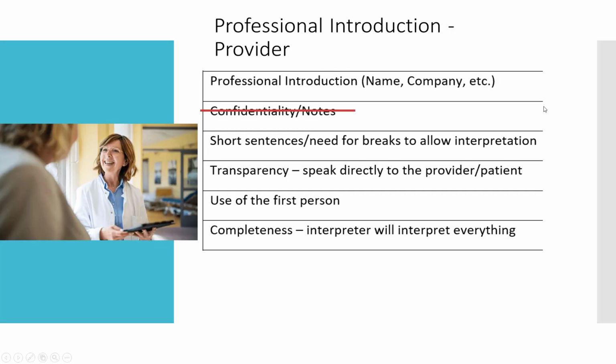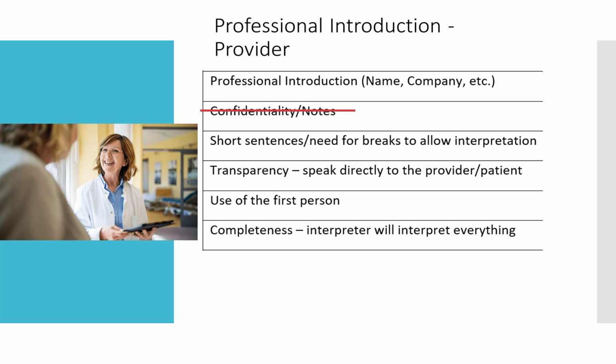Thank you. So I will ask you to write a shortened professional introduction. To do that, you're going to include your name and company. So you're going to identify yourself, and then you're going to pick whatever 2 of these guidelines you think are the most important. So basically, another way of saying this is you're going to do a professional introduction that includes 3 points.